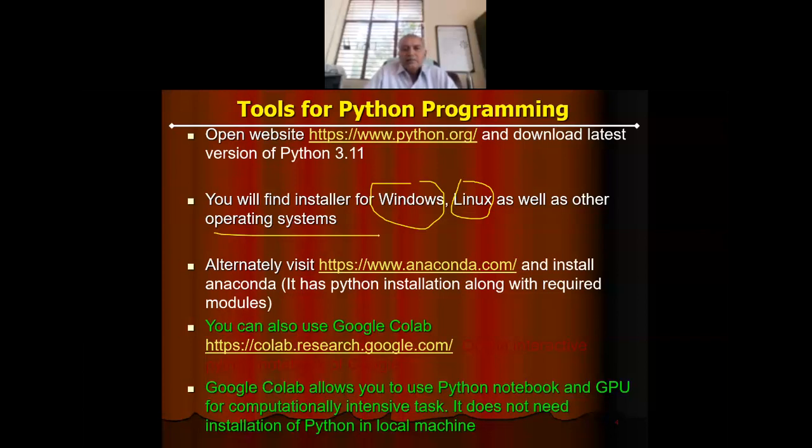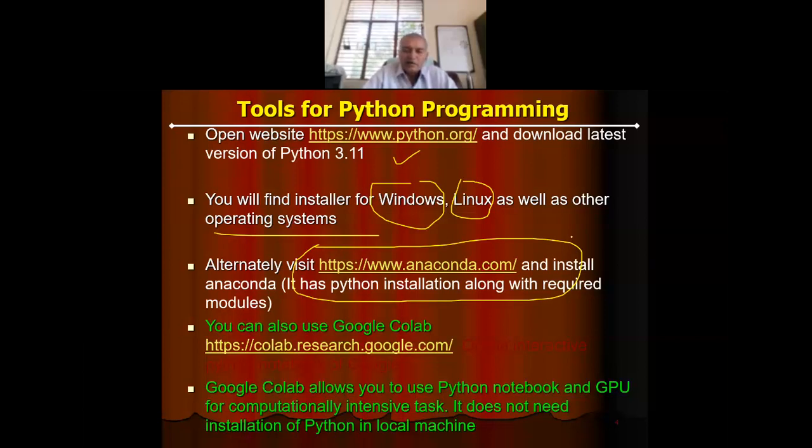Alternately, in Python you need to install many modules using the pip command, the Python installer for packages. Pip means Python installer for the various packages. You need to run pip for many, many modules. But alternately, you can use the Anaconda installation, where most of the modules are available directly.